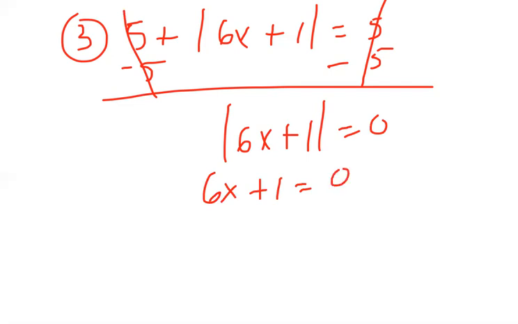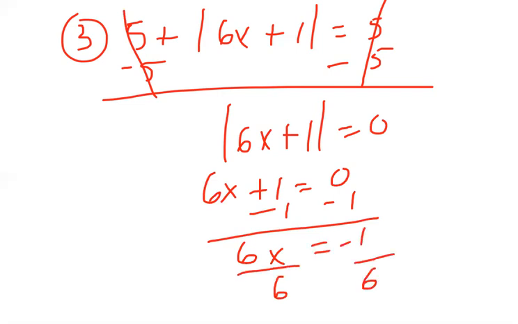So all you would do is take what's inside the absolute value, set it equal to 0, and solve, and this would produce your 1 solution, guys. You divide both sides by 6, so x will equal negative 1/6. And there's your 1 solution for this one. So this one is an exception. It has 1 solution.